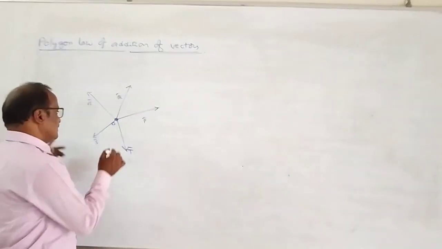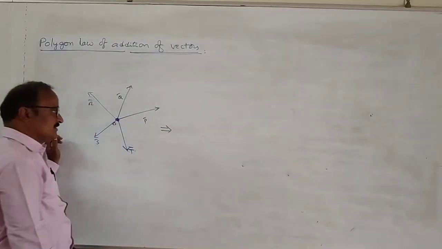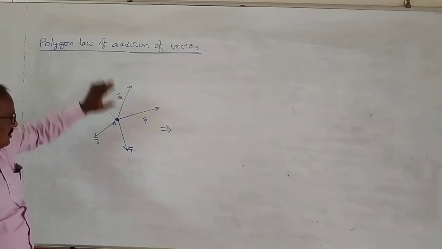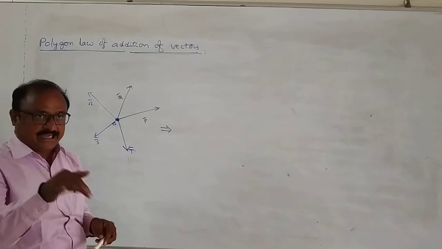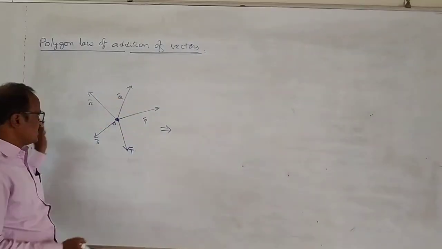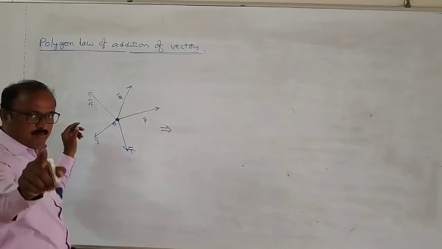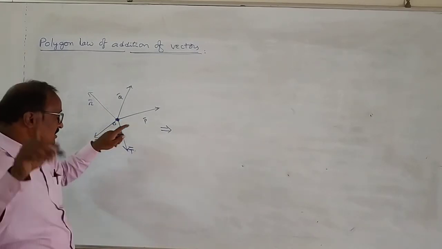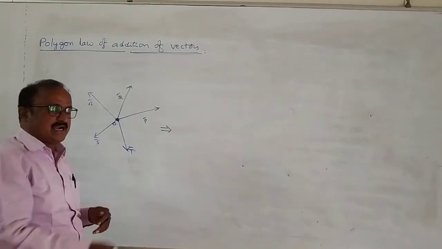Suppose the particle is in equilibrium, then according to the polygon law, all these forces can be represented by the sides of a polygon taken in order. Remember that only when the point is in equilibrium are all these vectors represented by the sides of a polygon taken in order.